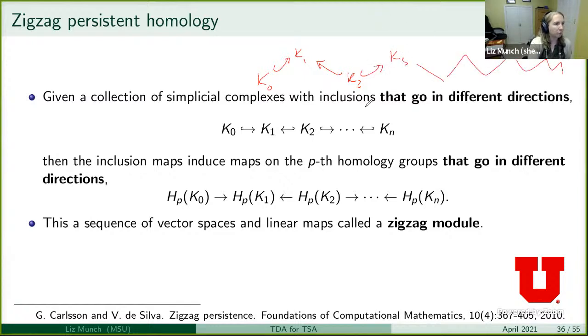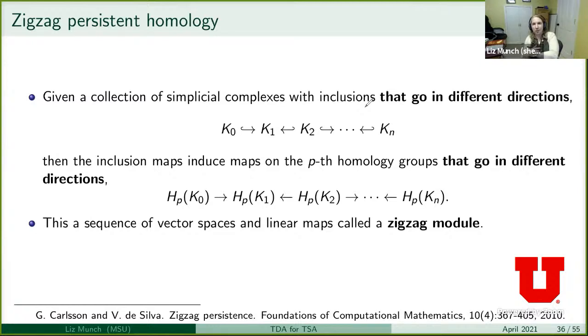But what I've got now is a sequence of simplicial complexes where inclusions can go either way. Another way of thinking about this is you can have insertions or deletions of simplices, but the math all still works. I still get a sequence of vector spaces, it's just that my linear transformations go in whichever direction my map was going on my simplices.